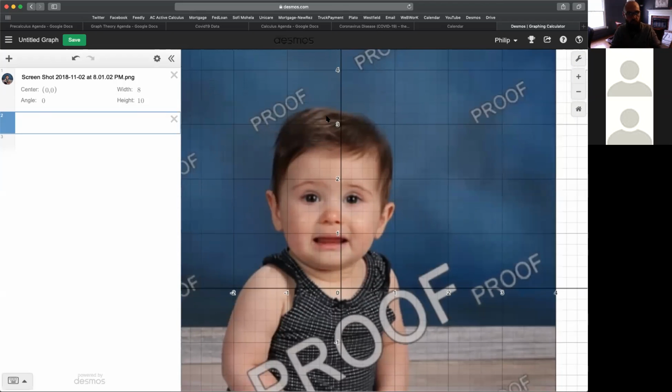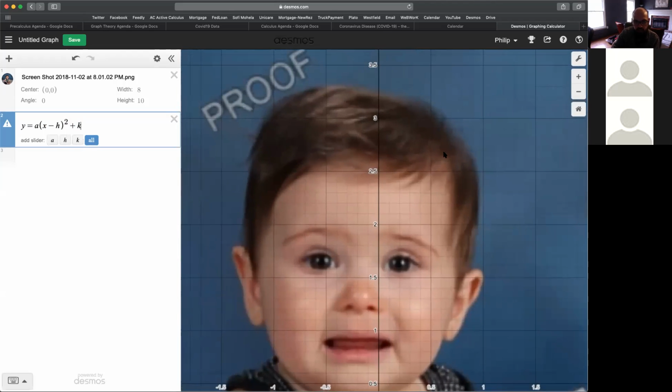All right, so if we're worried about these curves, the thing I think you can do the most with is the vertex form of a quadratic equation. So you would go around, and if you wanted to pick a spot, if I look right here on Zoe's forehead, it seems like this outline may be a little bit of a parabola.